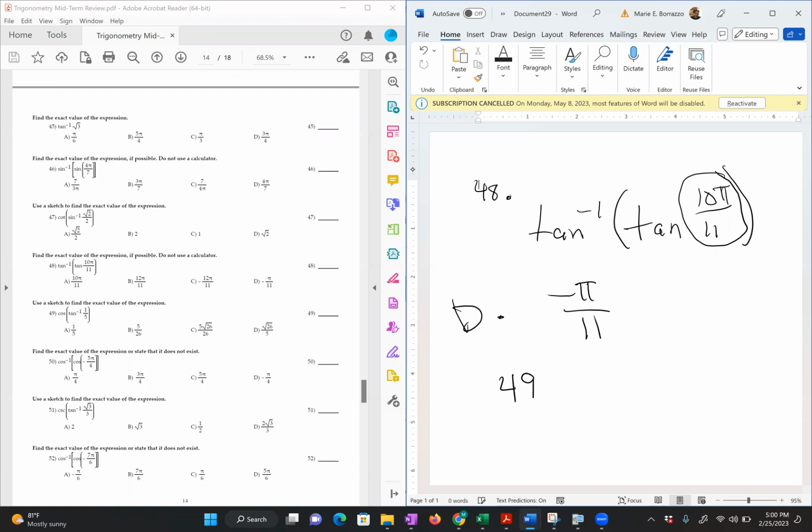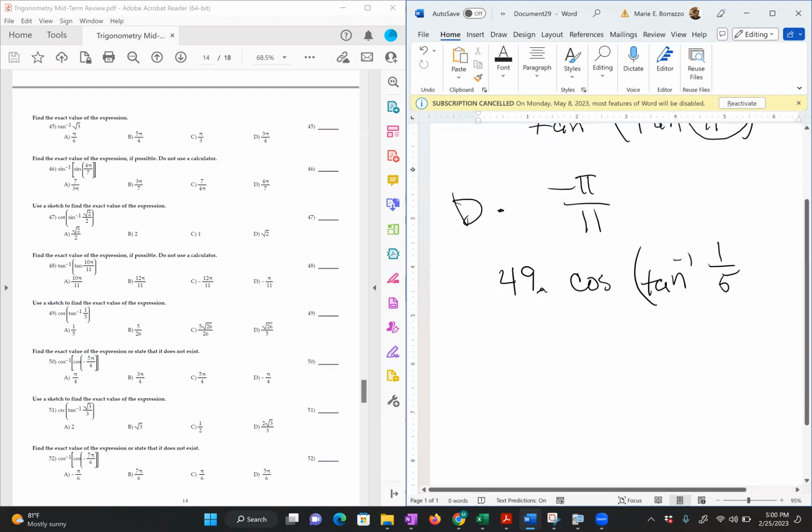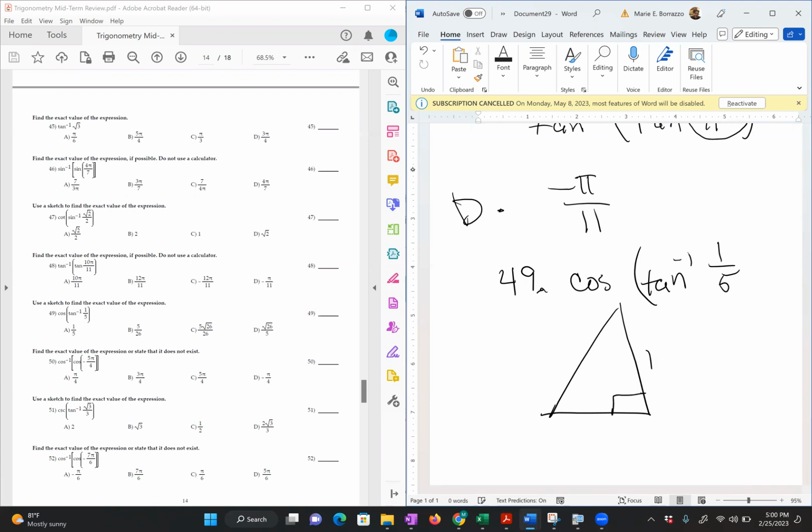Okay, and 49. So for 49, I'm looking at the cosine of tan inverse of 1 over 5. And so that means, again, draw some plain old triangle, no big deal. OA, so remember opposite over adjacent, which means you need to solve for your missing side.